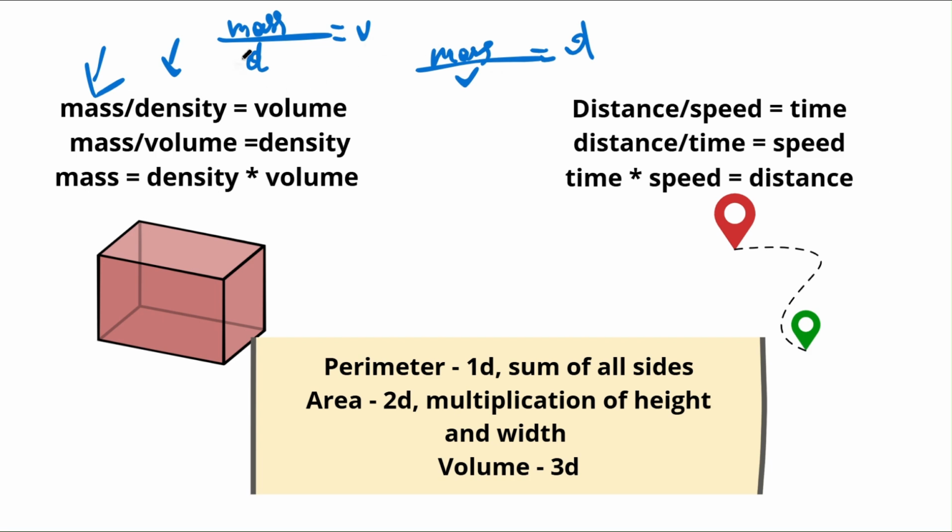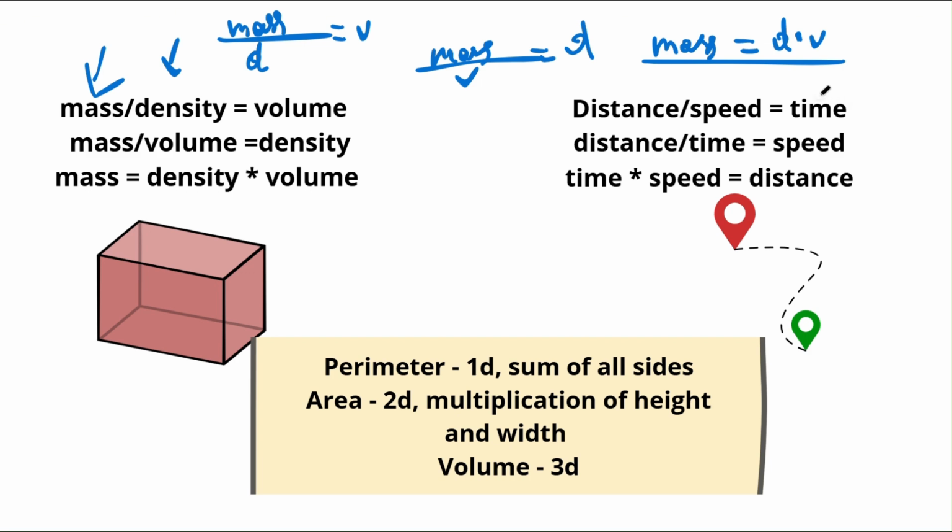See, the patterns are kind of interchangeable. And in order to find mass, you may wonder then, should I also divide something by something? No. In this case, it's an exception where you have to multiply the density by the volume. These are golden rules you have to be familiar with. The same thing with distance, speed and time.